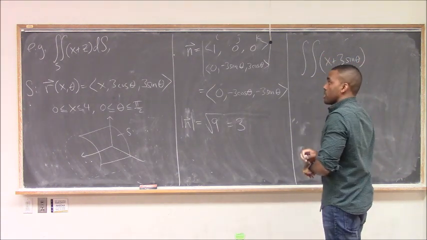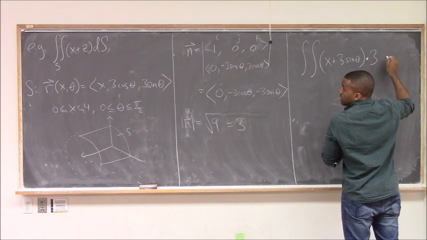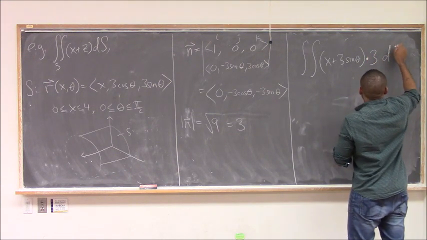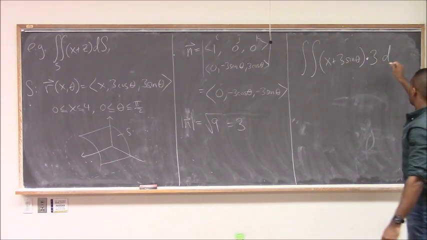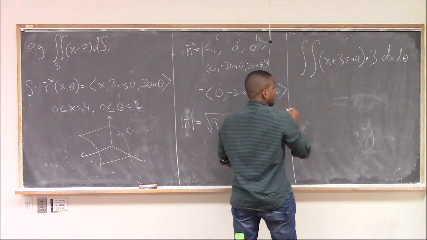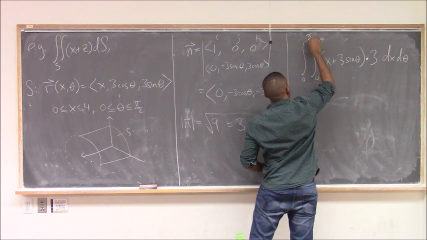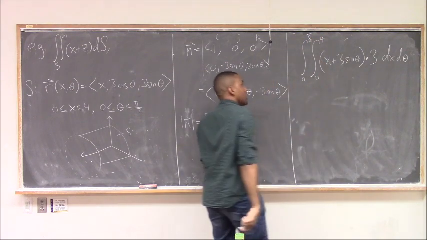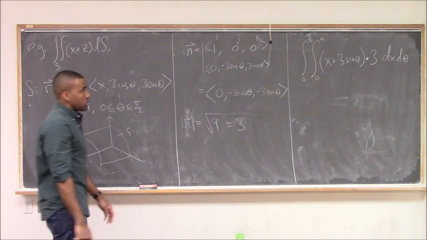That's what I'm integrating. dS is the magnitude of the normal vector times dA, but we actually know dA here. They gave us the limits directly. Let me put dx d theta first, although in this case it doesn't matter because they're going between constants. So this is 0 to 4, 0 to pi over 2. And so that would be the setup. And then from there it's just evaluating that integral.